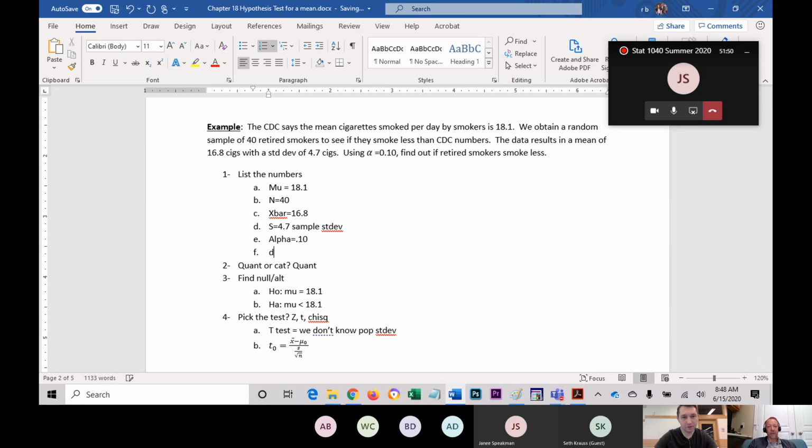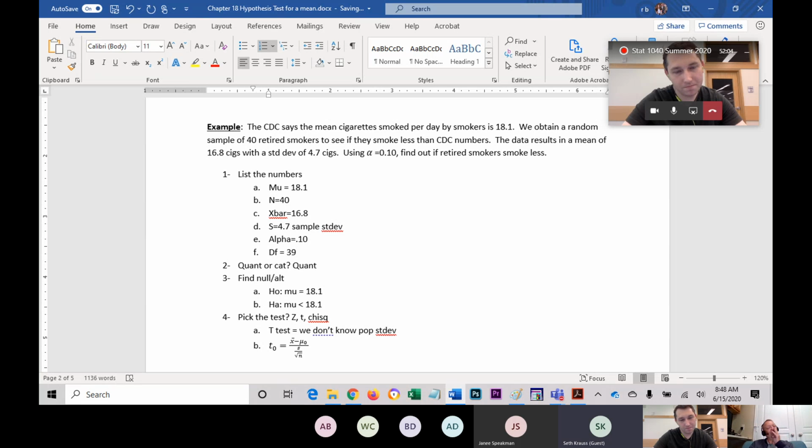And that is your degrees of freedom. Degrees of freedom isn't stated in the problem directly, but you can figure it out really easily. What would be your degrees of freedom? 39. 39 degrees of freedom. It's your sample size minus 1. We're going to show you that's going to play a big role when we do the p-value.